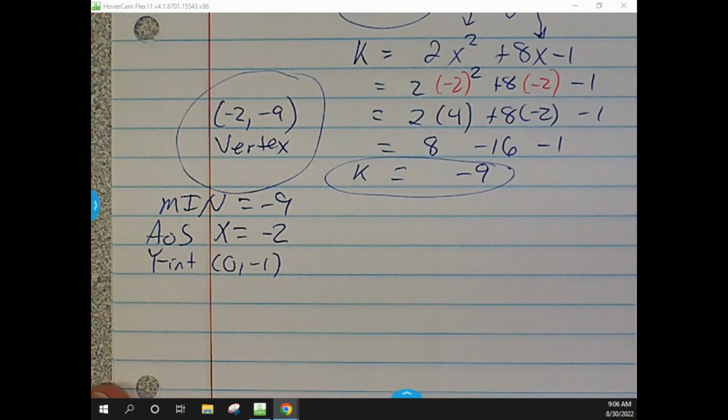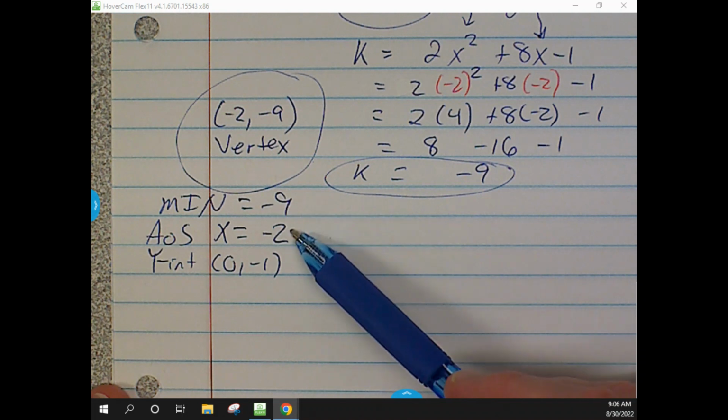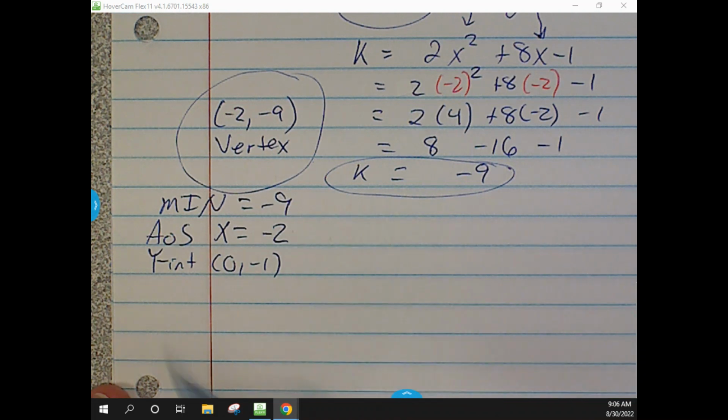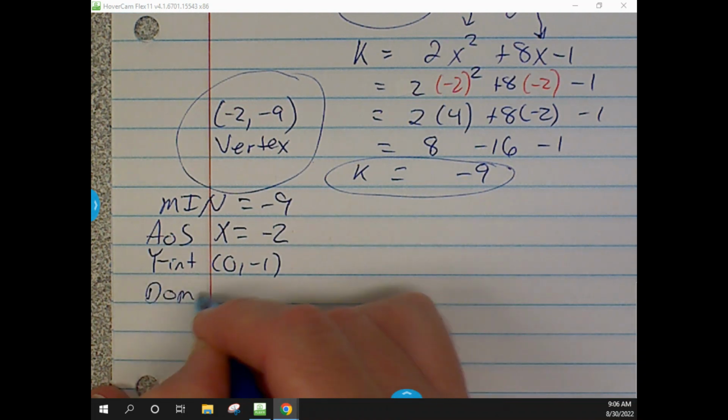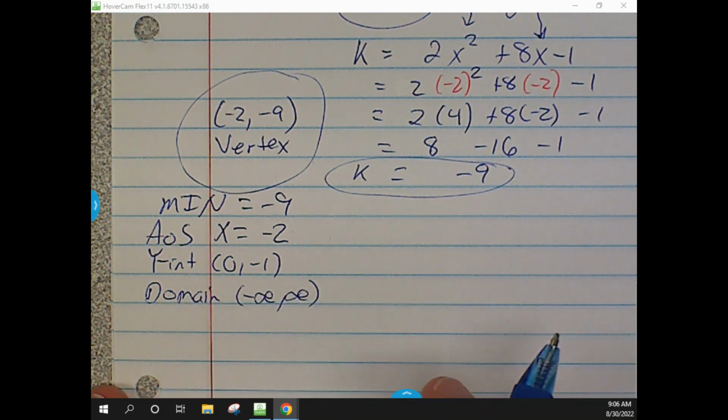All right, so we've got the vertex, we've got the max or min value, we've got the axis of symmetry, we've got the y-intercept. We need our domain, which is always -infinity to infinity.